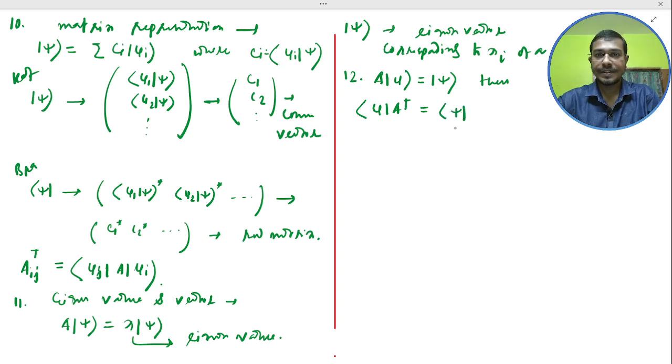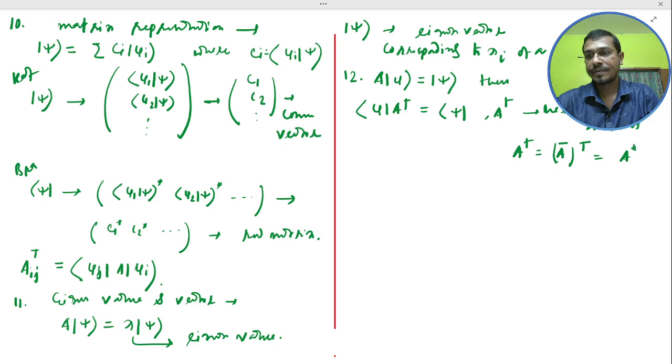This will be the bra psi, where A dagger is nothing but the Hermitian adjoint. Hermitian adjoint is basically A dagger is equal to A dash transpose. Okay, this is written in this form. This one, Hermitian adjoint. Next, very important, the Hermitian operator, number 13.